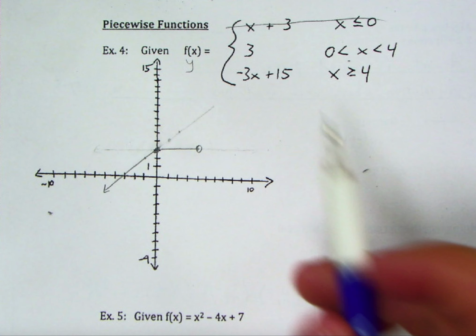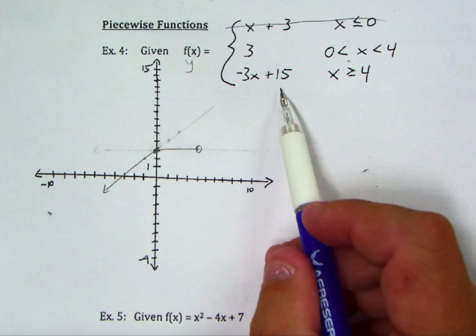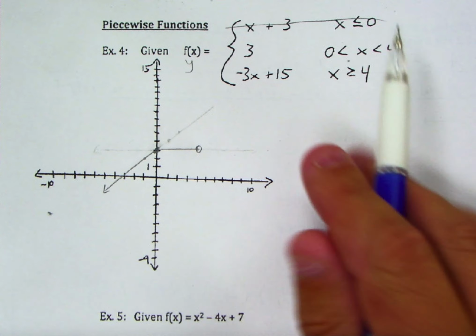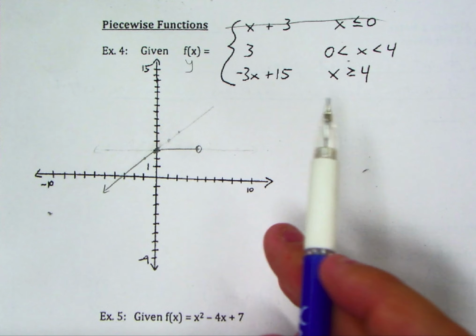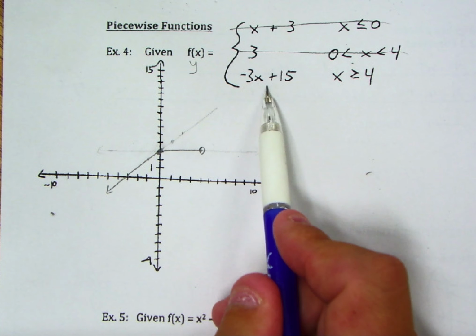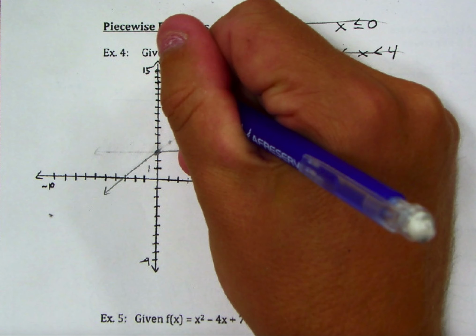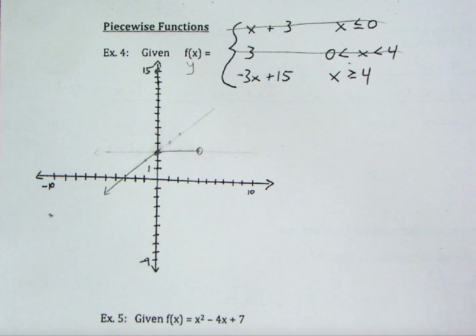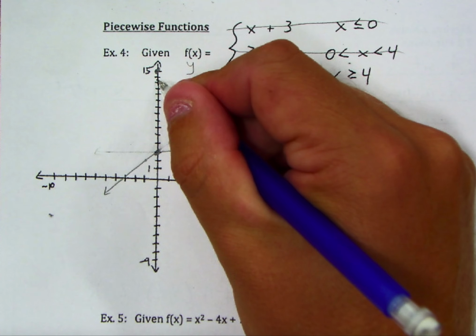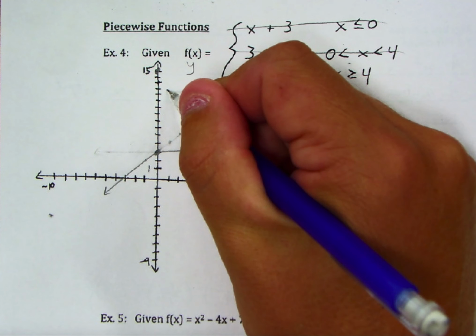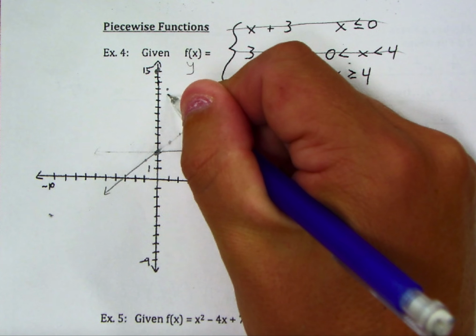And then the last one is y equals negative 3x plus 15. Again, pretend like the inequality is not there. We're done with the second piece. Graph this line. So the y-intercept is 15. The slope's negative 3, so down 3, right 1. Down 3, right 1.